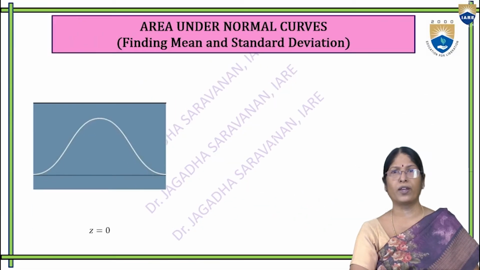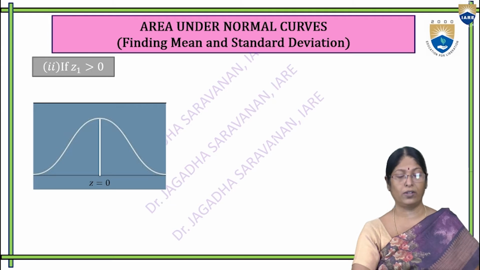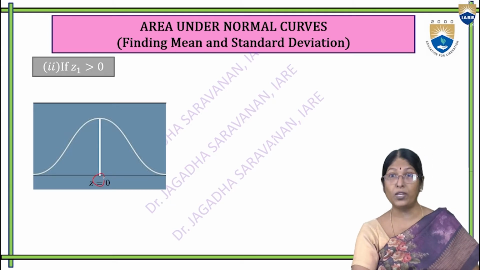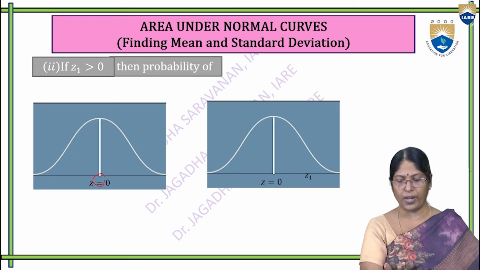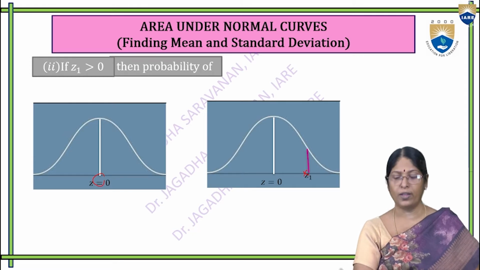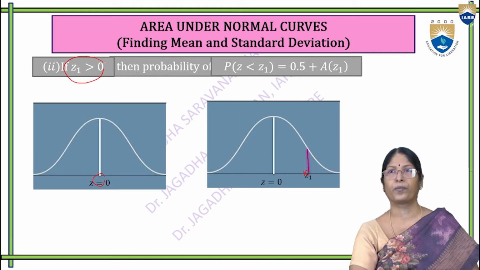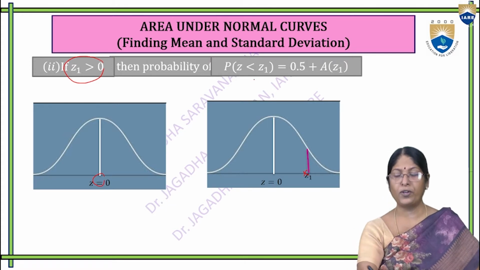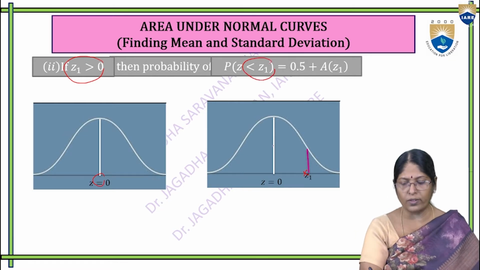One more curve we can discuss. The normal curve is ready. Now Z1 greater than 0, so it is placed to the right side of this point, with the vertical line drawn at the point Z1 satisfying this condition. What is the question? The question asked is the probability of Z less than Z1, that is, left of the point Z1.